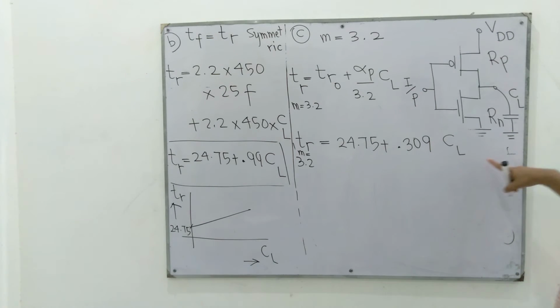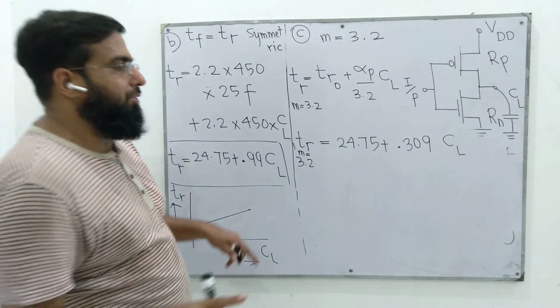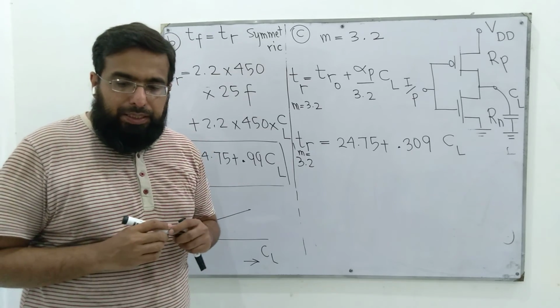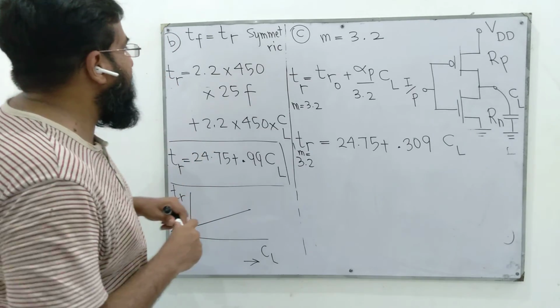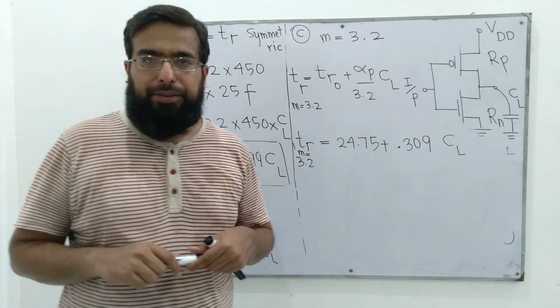So this is a general expression for a NOT gate which has a scaling factor 3.2. This means the aspect ratio of each transistor is increased by 3.2. In the upcoming lectures, we'll keep on studying more stuff and more examples from chapter number 8. Thank you.